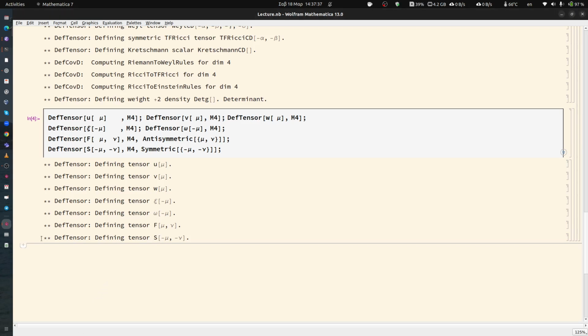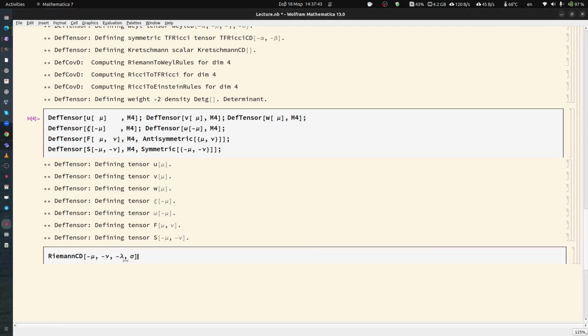RiemannCD is the Riemann tensor that corresponds to the affine connection CD. So we write it in this form. In the conventions that are used in xTensor, this is defined with three lower indices, mu, nu, lambda, and one upstairs index, sigma here.